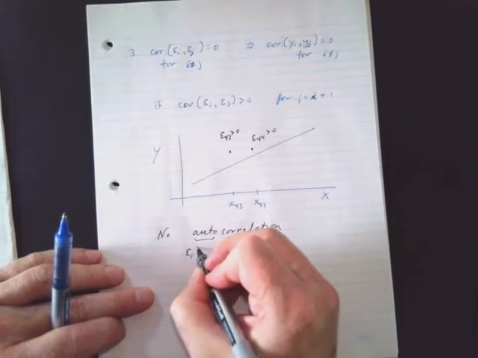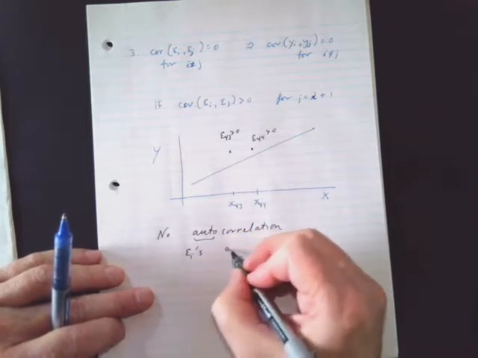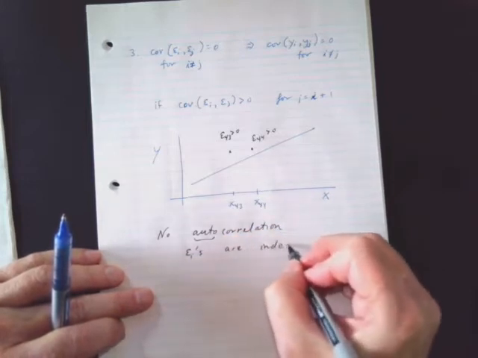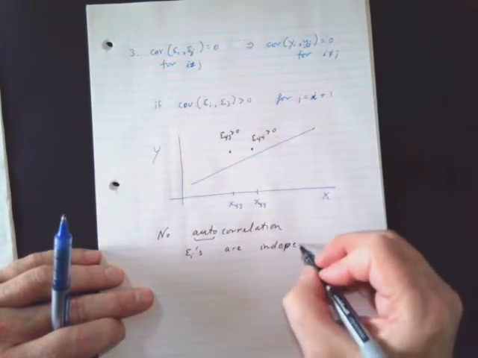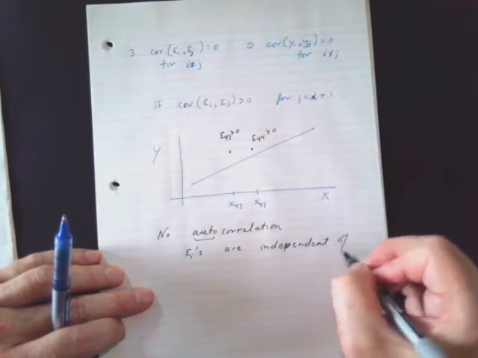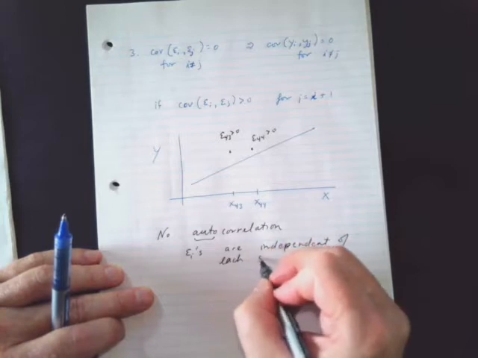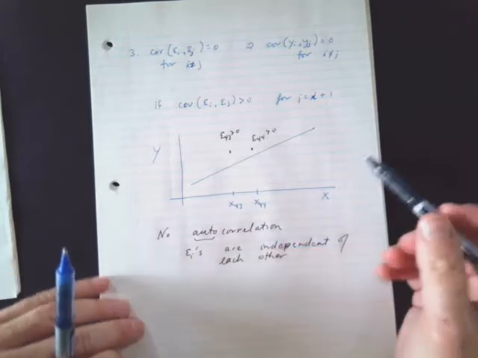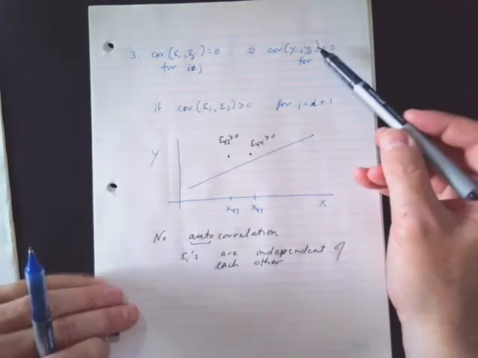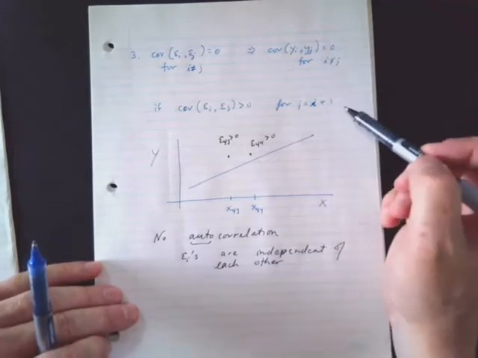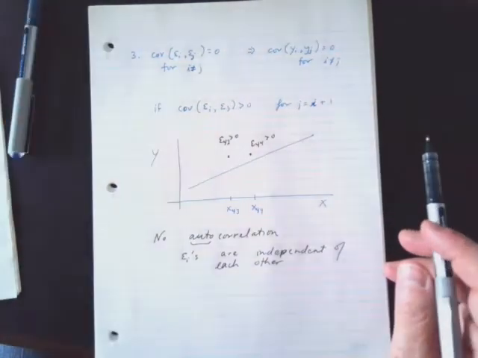Or alternatively, the epsilons are independent of each other. And by implication, it means that the dependent variables are independent of each other.